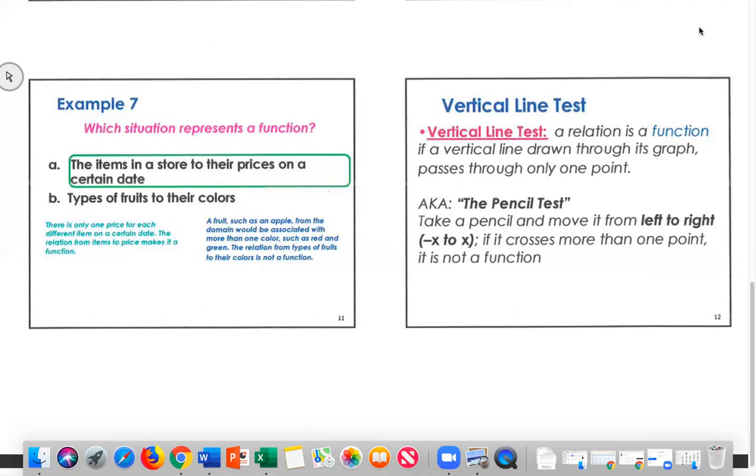Now, this thing over here is a vertical line test. A relation is a function if it passes the vertical line test. Long story short, I want you to take your pencil and hold it vertically on your graph, and you're just going to drag it across the graph.